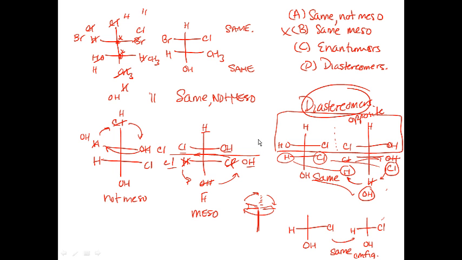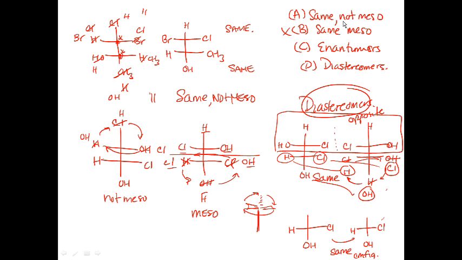So actually, when you find that one of the molecules is the meso form and the other's not the meso form, you can immediately say those two are diastereomers of each other. Now, you have to actually physically look for this mirror plane of symmetry, because it's possible that these two molecules may be the same, not meso form, which would make them the same and not meso.